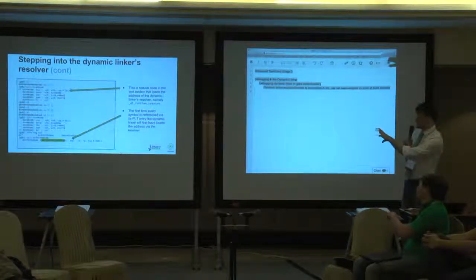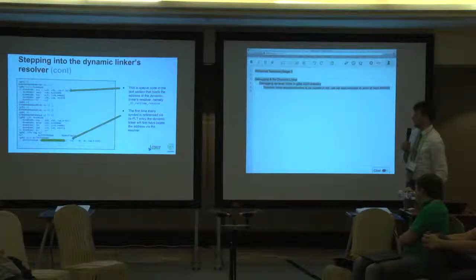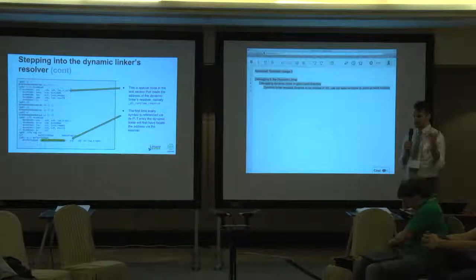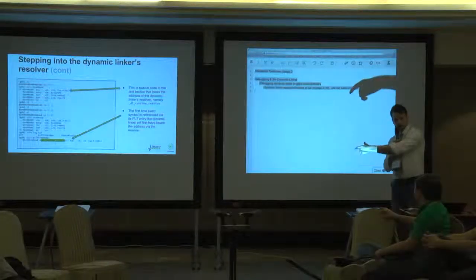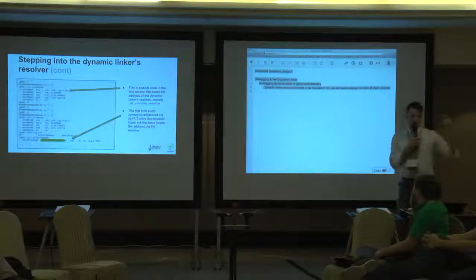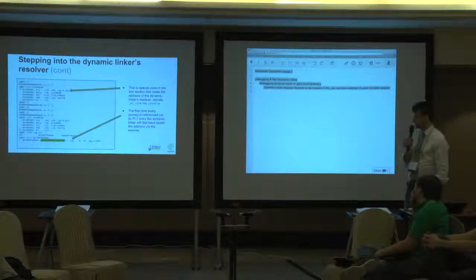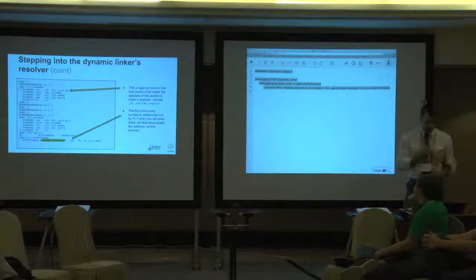This is a special section of text that loads the address of the dynamic linker's resolver directly. And the very first time you try to access a function that's remote to your application, you're actually getting dropped into glibc's resolver. So the first time every symbol is referenced via this PLT entry, the dynamic linker will first have to locate that address via the resolver.